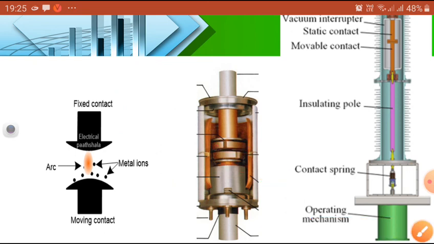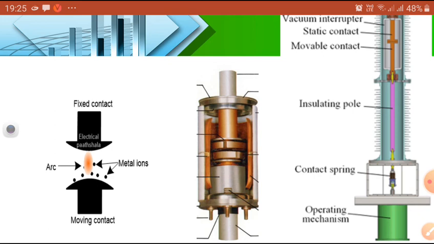Suppose the arc current is very high. Then what happens inside the chamber? At a high value of current, the arc gets concentrated in a small region. It is not flowing in parallel paths. It causes rapid vaporization of the contact surfaces.